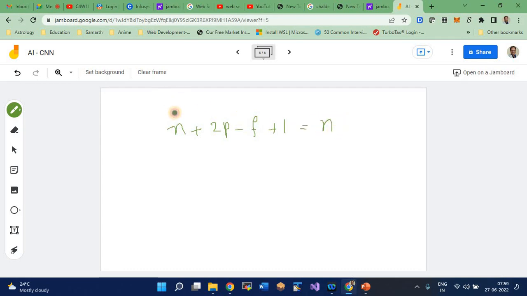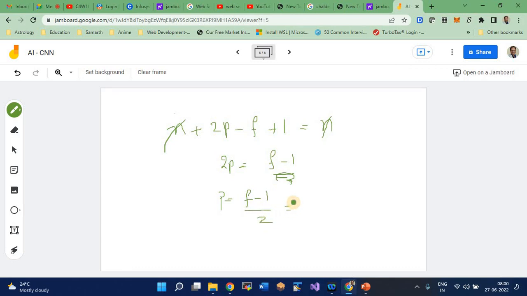That means whatever we started with, applying the filter, if we want to get the same convolved image of n by n, what should be the padding? If I apply the math now, the n terms will be gone. So 2p is equal to f minus 1, which is p is equal to (f minus 1) by 2.